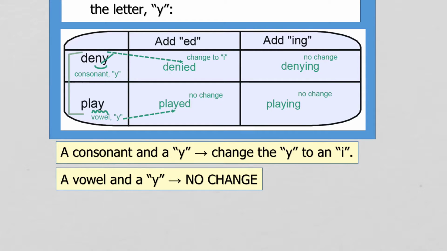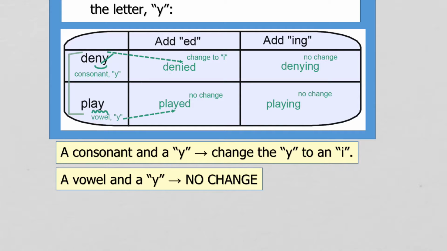So a consonant and a Y would be a root word like deny, D-E-N-Y, right? It ends in N-Y. N is a consonant, and of course Y is at the end. So when we have a consonant and a Y at the end of the root word, what we need to do is change the Y to an I before we add the suffix.